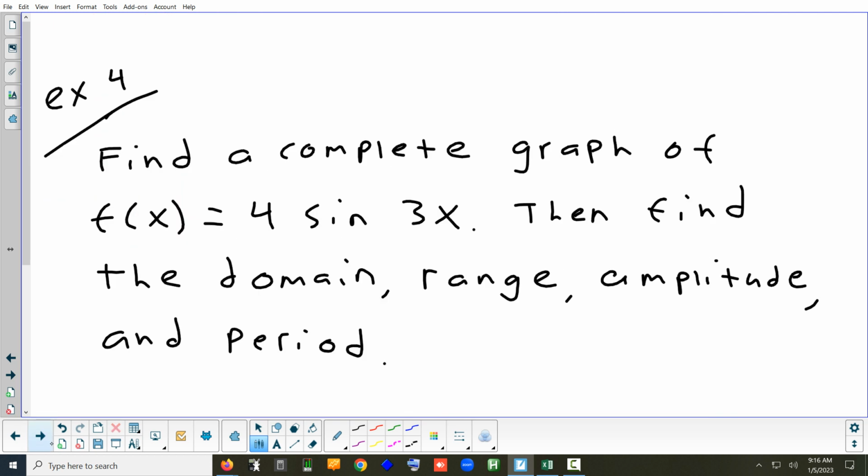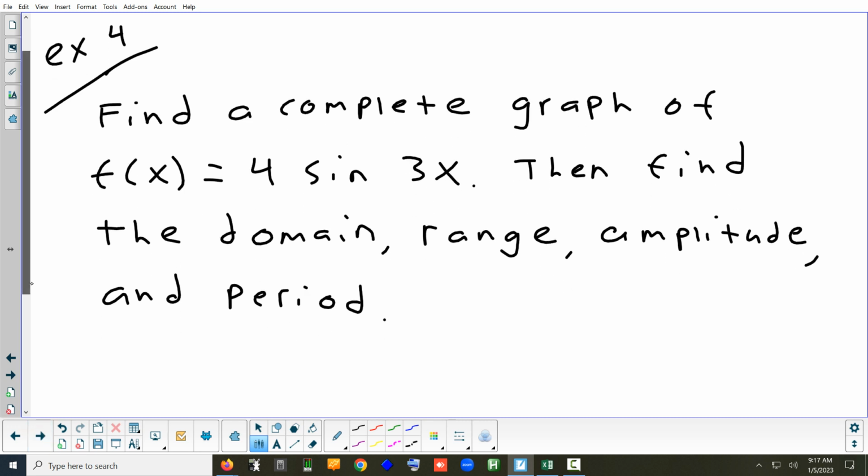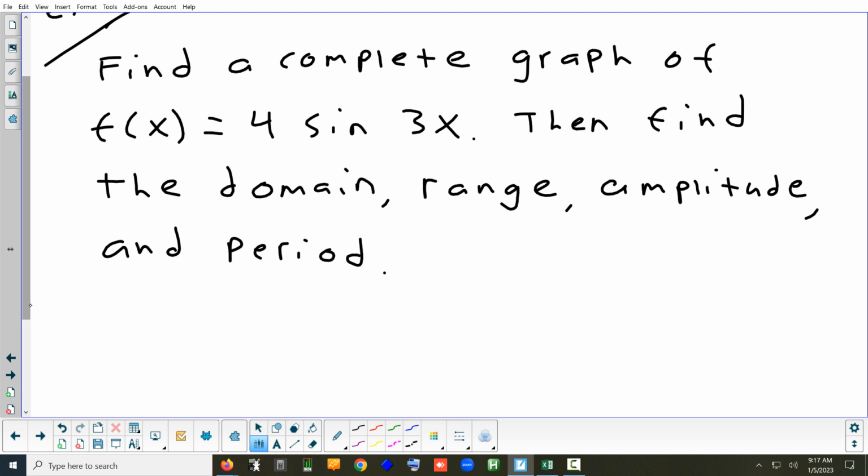So when a problem says sketch, that means take out a piece of paper and draw it out. When a problem says find a complete graph, that's a calculator question. The first thing it says is find a complete graph of 4 sine 3x. Okay, let's put that in.